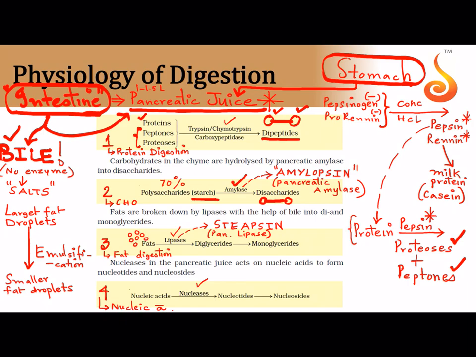Where did the smaller fat droplets come from? Remember, bile converted larger fat droplets into smaller or tinier fat droplets by a process referred to as emulsification. These smaller fat droplets are acted upon by lipases. They are broken down into simpler lipids like diglycerides and monoglycerides, which are basically composed of glycerol and fatty acids.